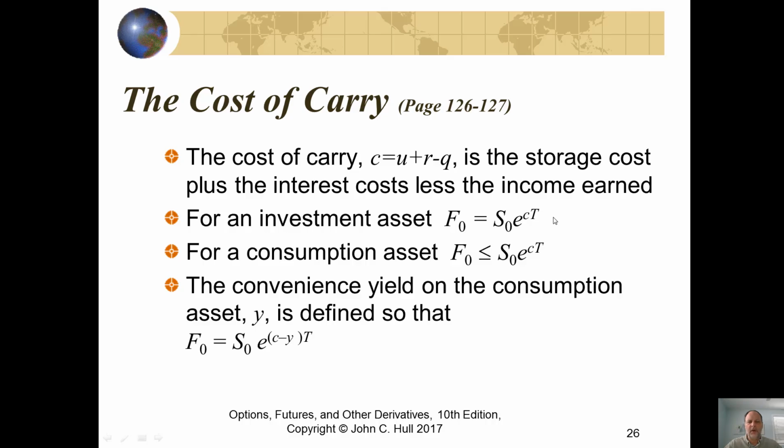Otherwise an arbitrage is possible, whereas for a consumption asset, F naught has to be less than or equal to S naught e to the CT. We will define the convenience yield on consumption assets as Y, and it will be set so that F naught will equal S naught e to the C minus YT. For investment assets, of course, Y is 0. For consumption assets, Y is greater than 0.